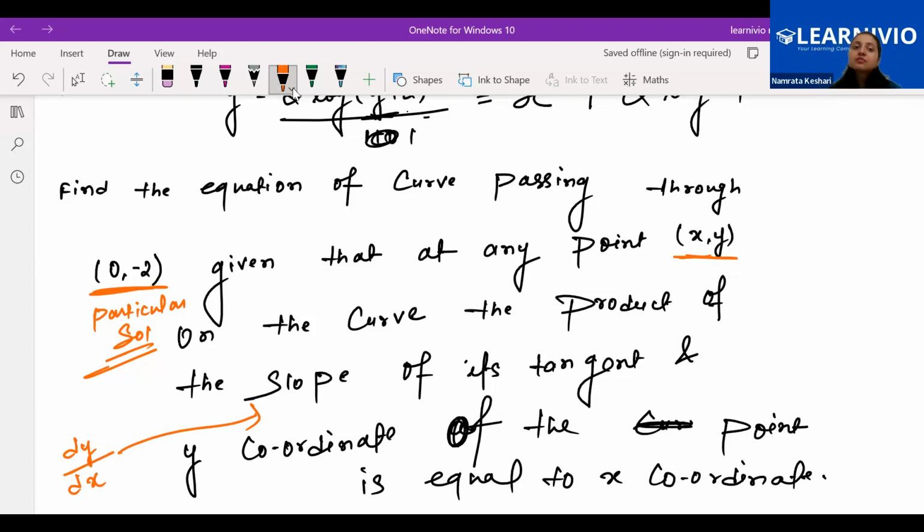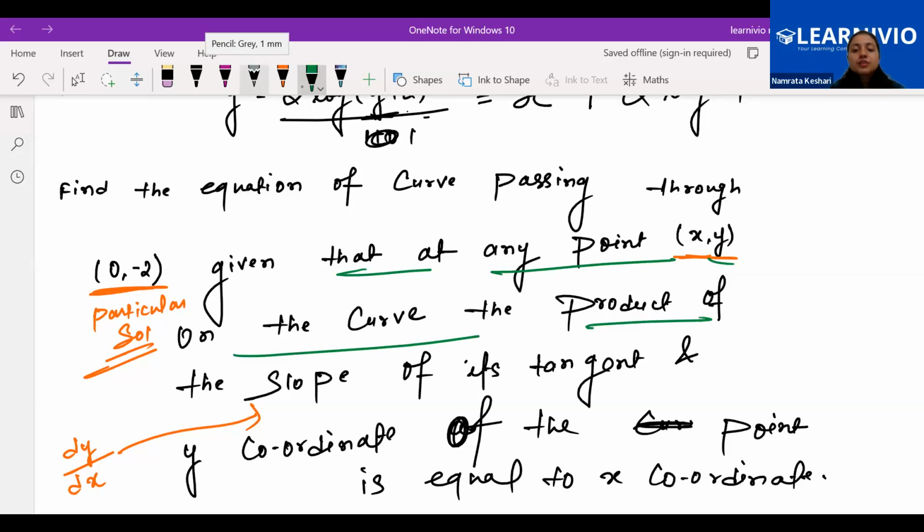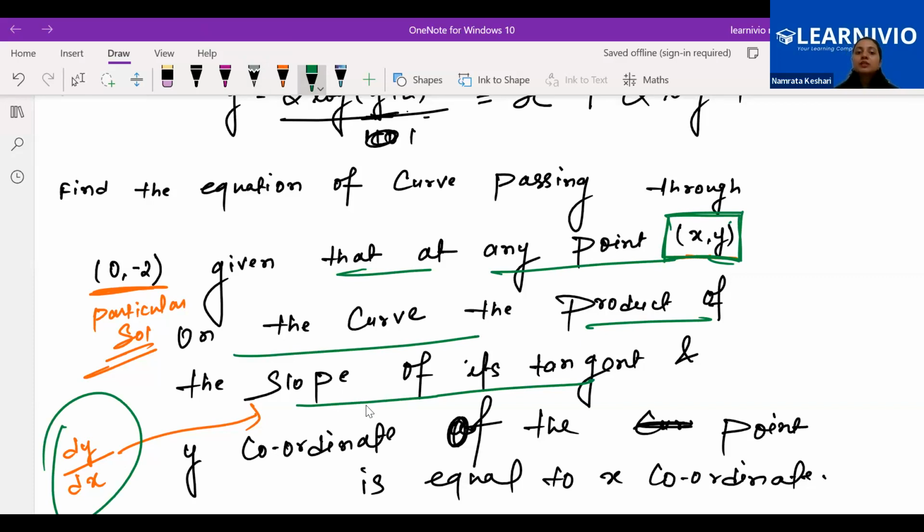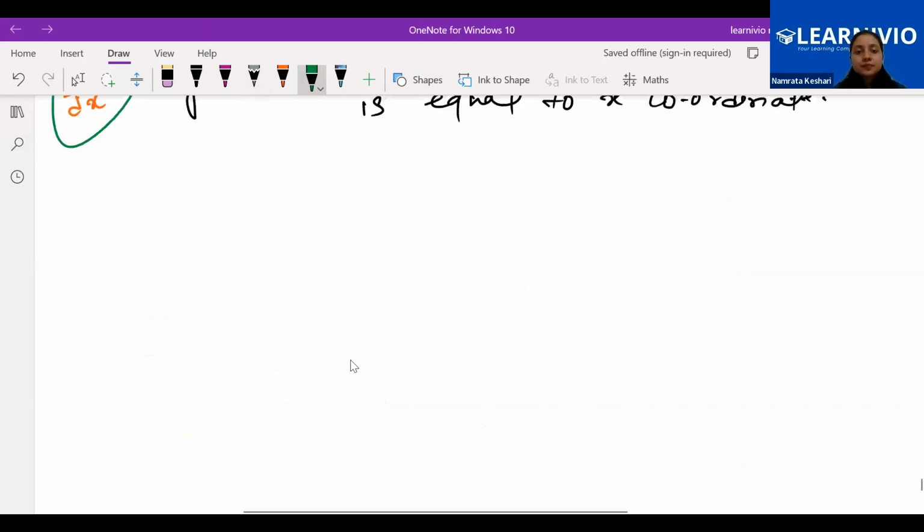Now read the question carefully. It says that at any point xy on the curve, the product of the slope of the tangent, dy/dx, and the y coordinate. The y coordinate from where? From this point xy.